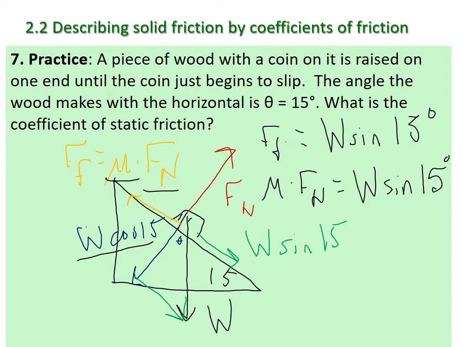So I will replace the normal force with W cosine 15, and I'm going to write down here, mu times W cosine 15 equals W sine of 15 degrees. And I'm looking for mu. So I'm going to divide both sides by W cosine 15.